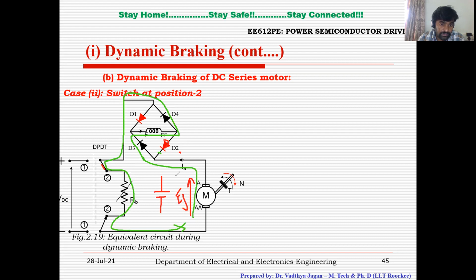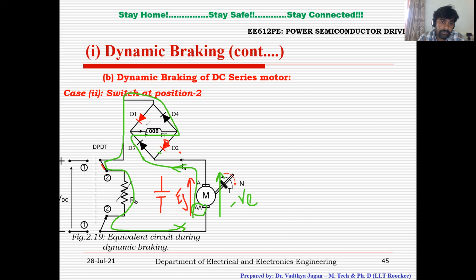So this is the direction of current you can see. Now the current in the armature winding is from AA to A. I can call it negative, because when the current is from A to AA it is positive. Now instead of A to AA, the current is from AA to A, which is negative.